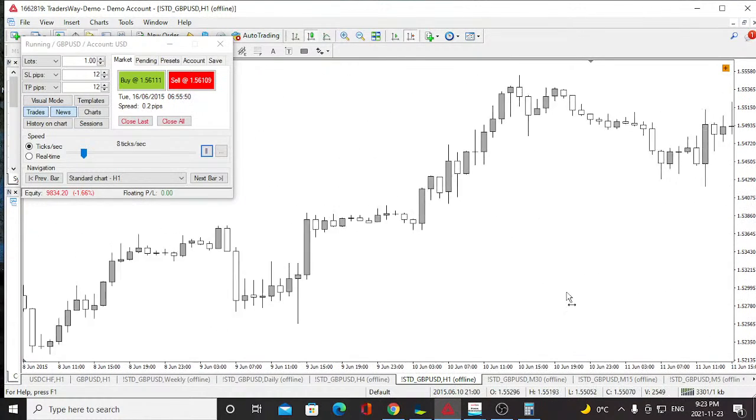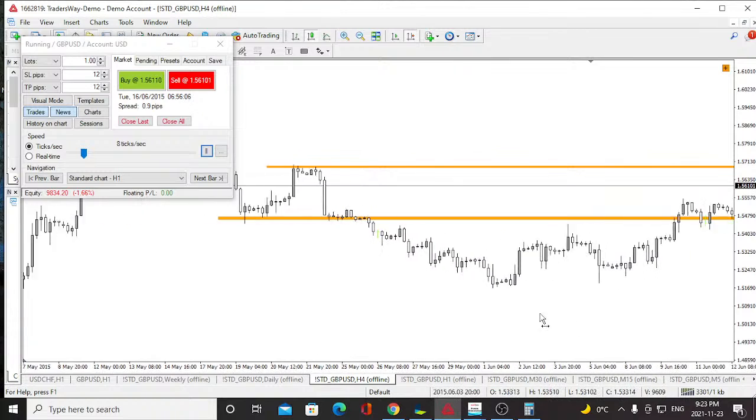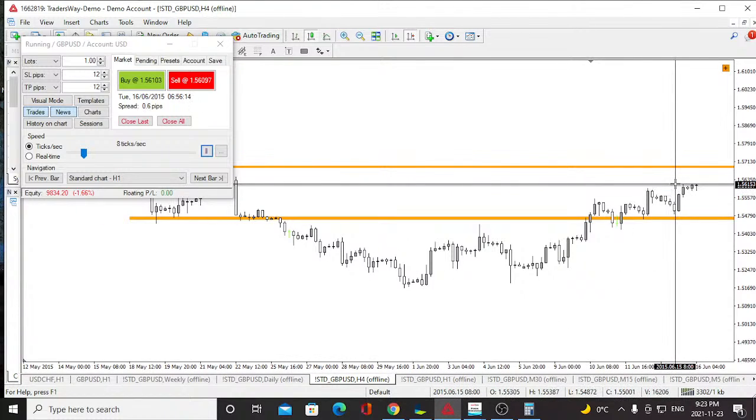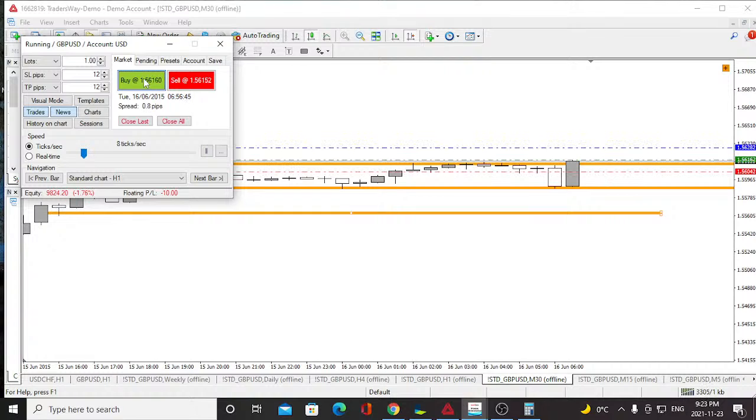We'll see. If you see, it still has enough room to go up. Let's zoom in here. It just smashed the top.